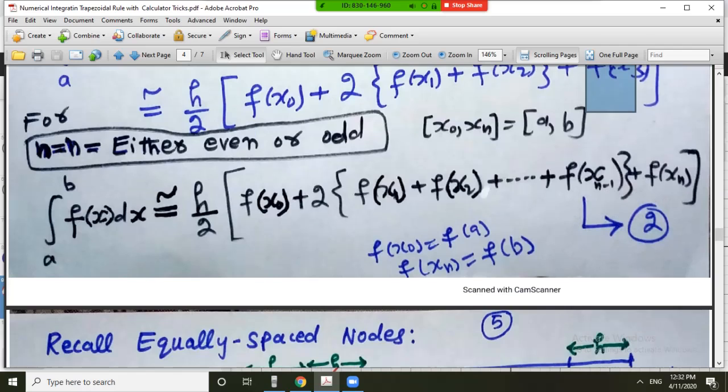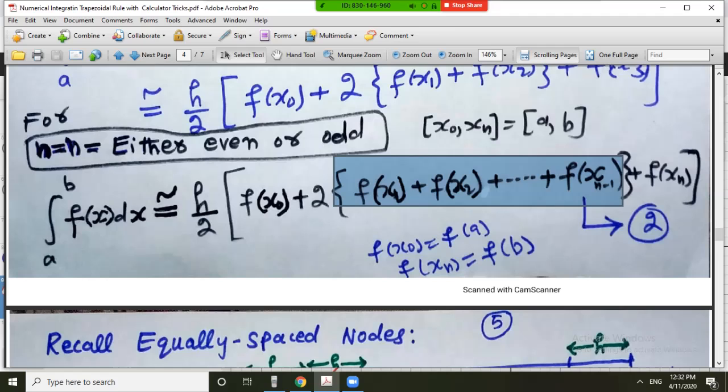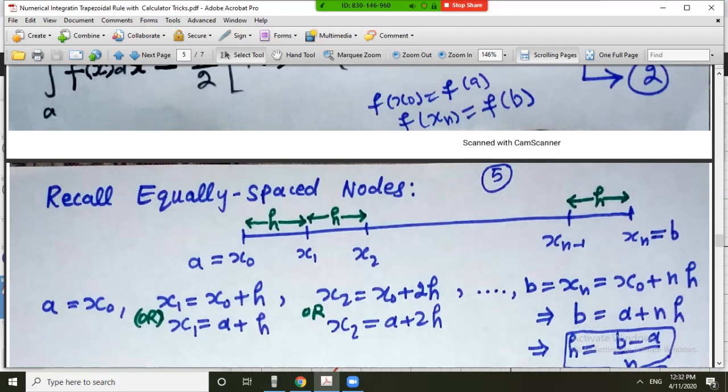We can say that the integral of f of x dx is h by 2 times f of x naught, which can also be written as f of a, plus f of xn plus 2 times the sum of all f of x1, f of x2 up to f of xn minus 1. So this is the general formula for a composite trapezoidal rule.